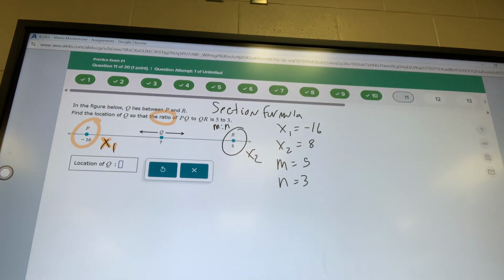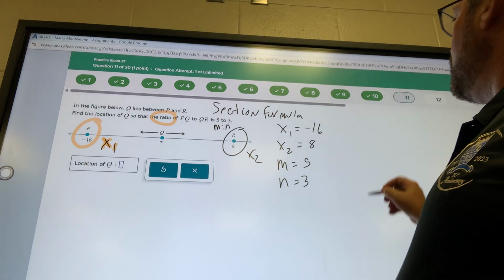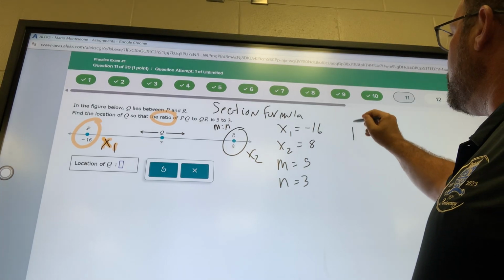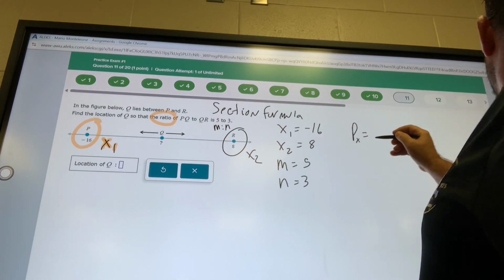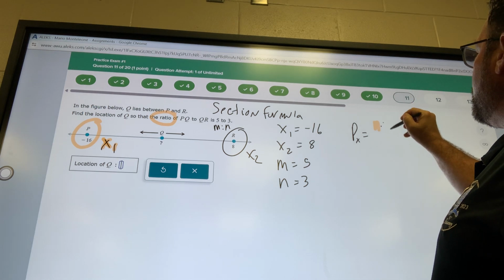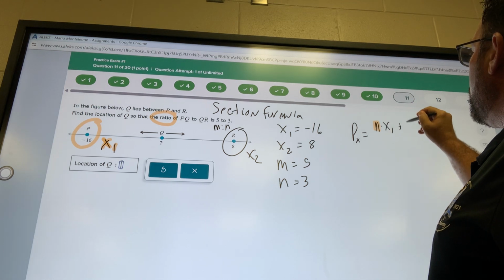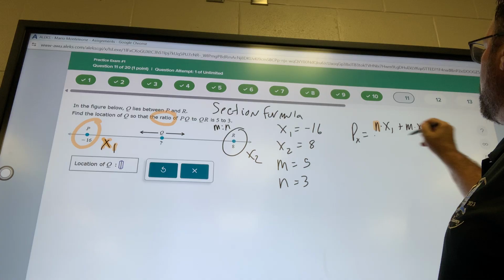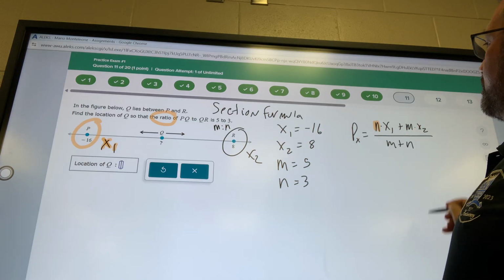Now we're going to plug this into our section formula, which is P of x equals n times x1 plus m times x2 divided by m plus n.